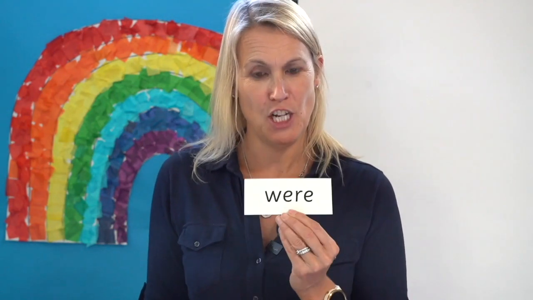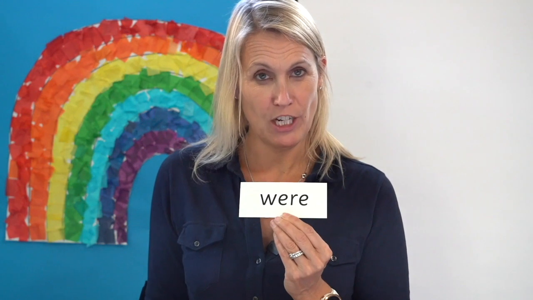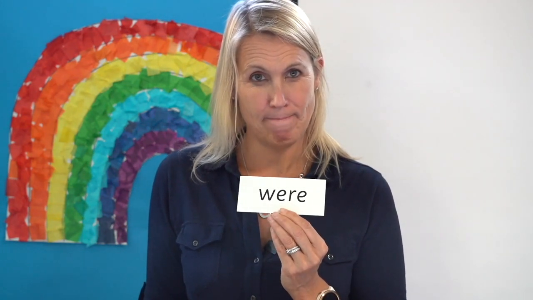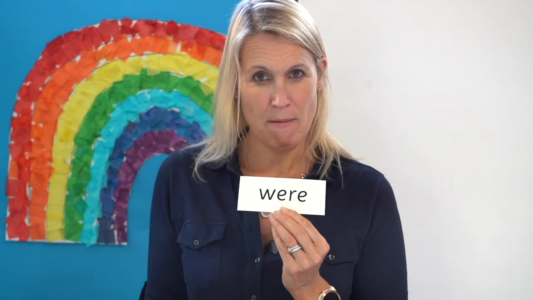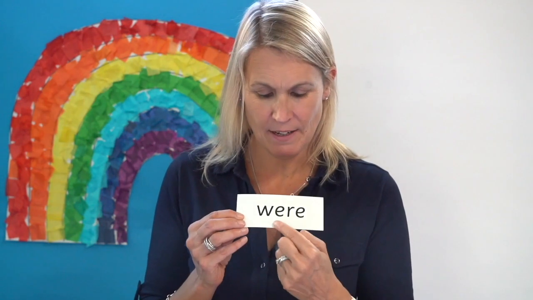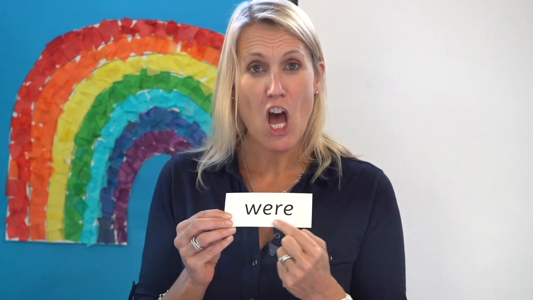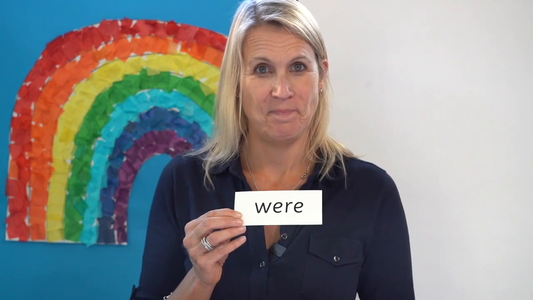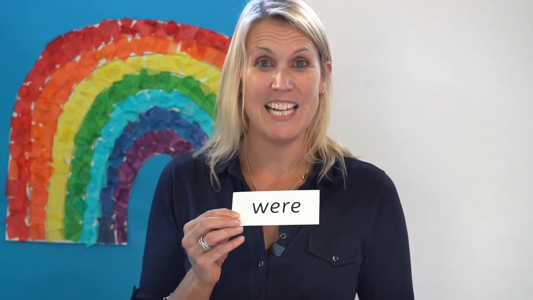Well done. Let's practice reading two tricky words that you have met before. Are you ready? Have a look at this one first. You know how to read this word. Can you remember the tricky bits? Yes, the tricky bit is here. Can you read the word? Well done. Let's read it together.